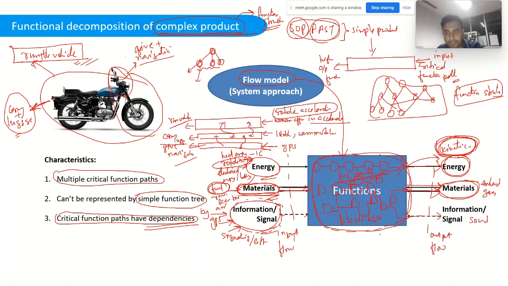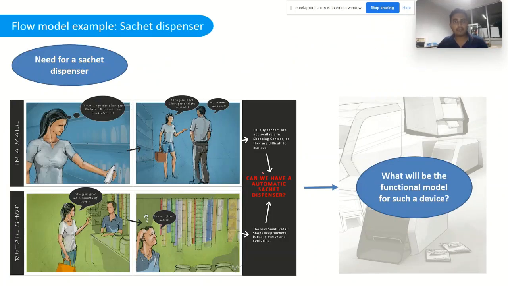Got it? Okay, things will get clear once I give an example, so please bear with me. Okay, so let's give an example. This particular method is also useful when we go for new product development. What happens in case of an existing product?